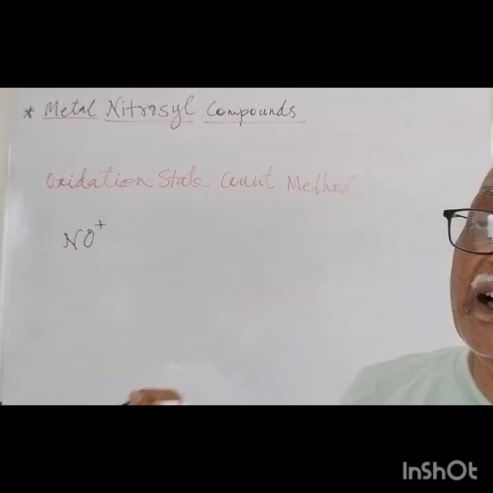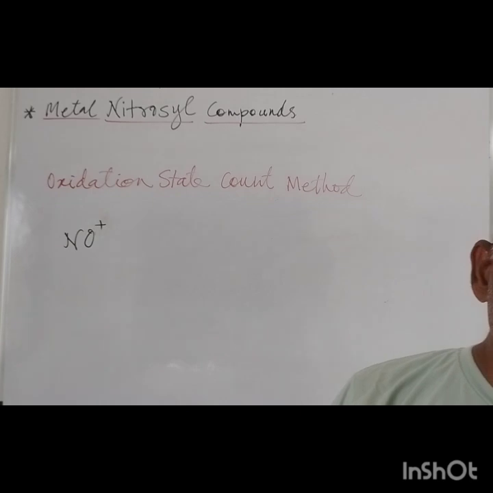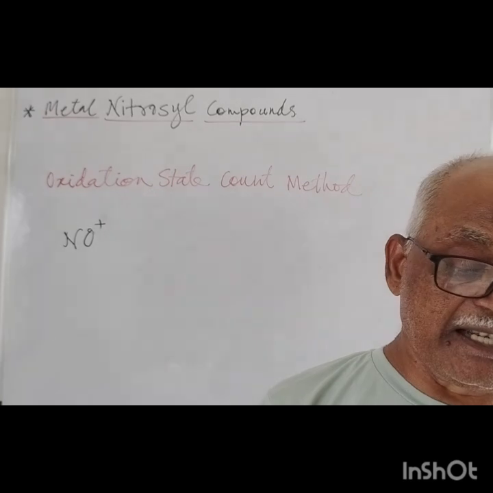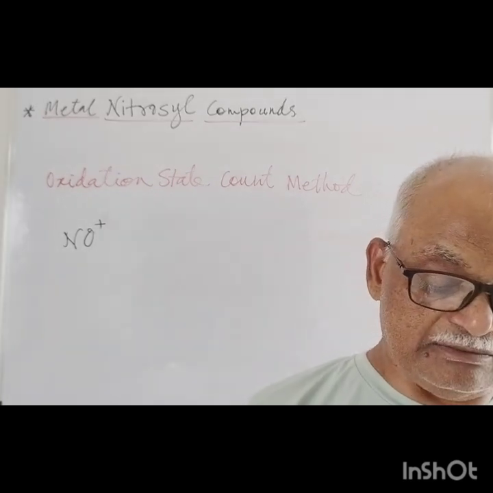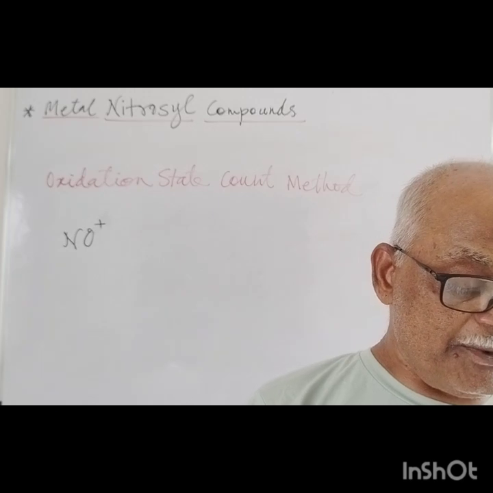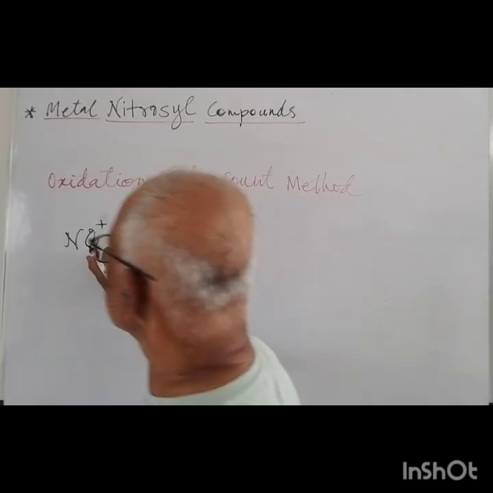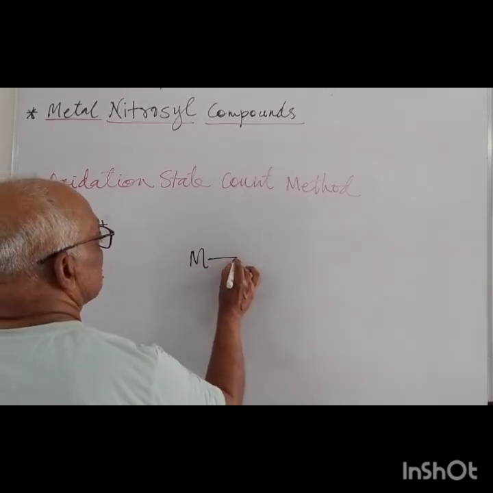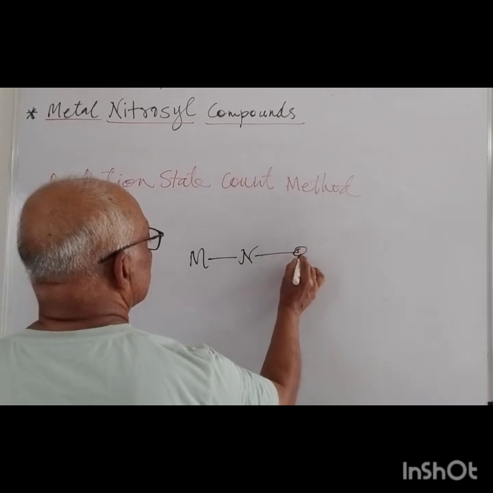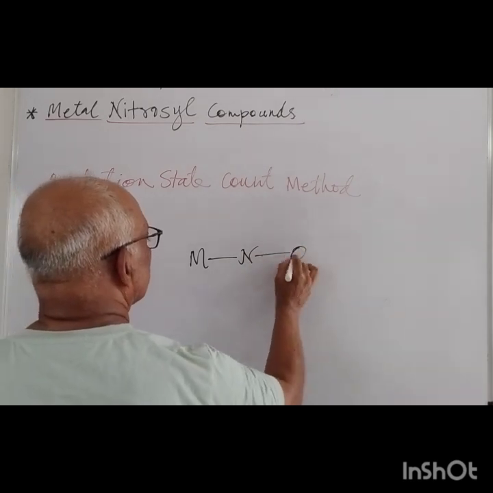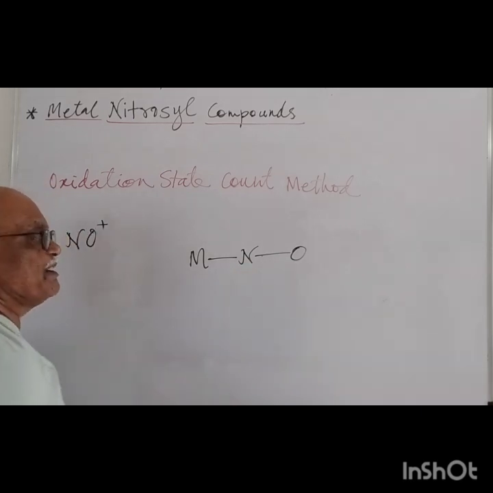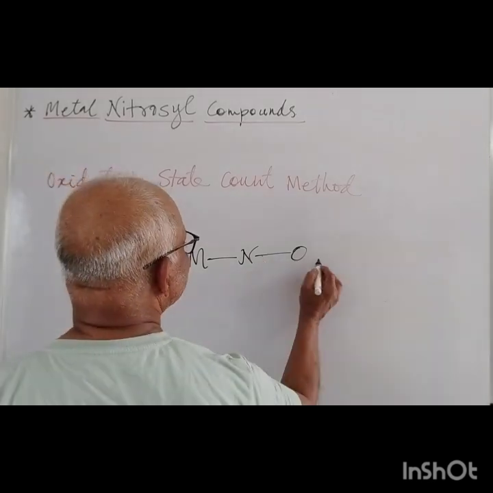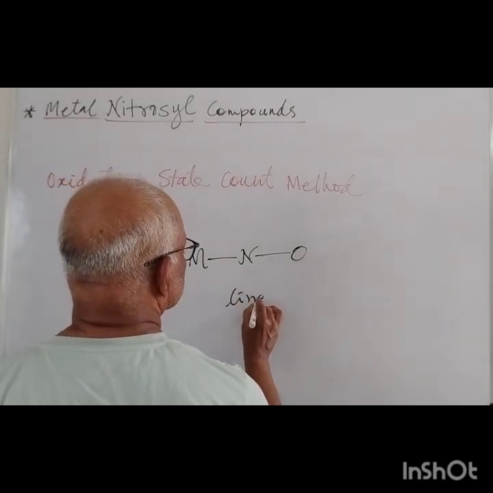So in such case, according to the oxidation state method, the ligand is used as a nitrosyl ion, that is with cation, and when it is nitrosyl group, that is NO plus, and the metal is coordinated with this nitrosyl group, that is ligand, it shows linear structure.